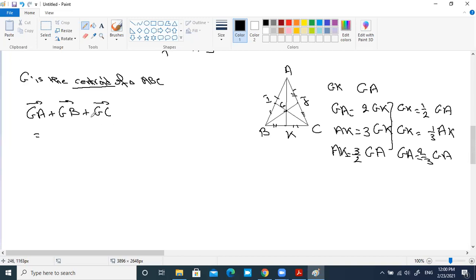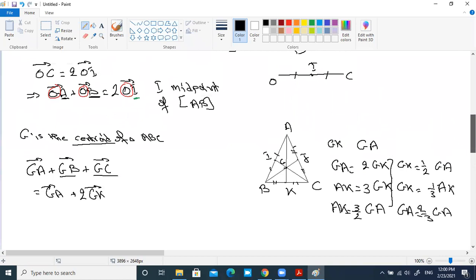If you consider these two, GB plus GC, what is the sum of GB plus GC? It's 2GK. Why? Because K is the midpoint of BC.